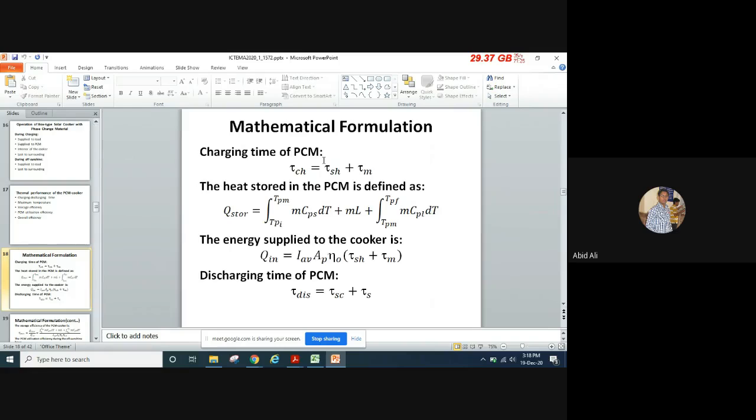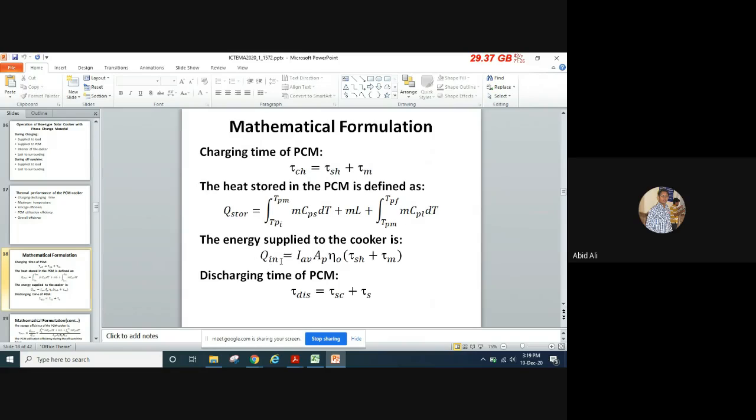The charging time of the PCM is characterized as follows. Tau C is the charging time, and tau S is the sensible heating time of the PCM from room temperature to its melting point, which is 118 degrees Celsius, and tau m is the melting duration of the PCM. Q is the total energy stored in the PCM up to the sensible heating, and after melting.